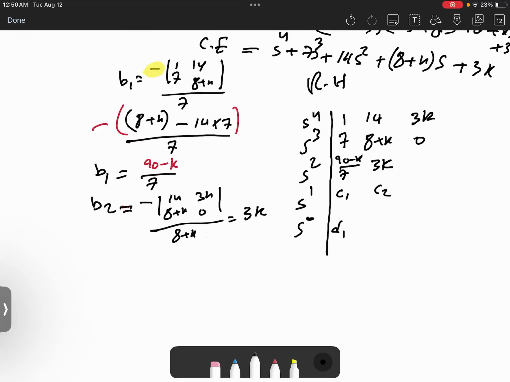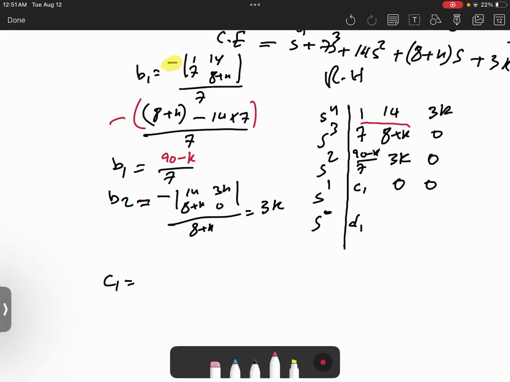How about calculating the other ones, which are C1, C2, and D1. In order to calculate C2, basically, those are zeros. Therefore, C2 will be for sure 0. The next thing is to calculate C1. It will be the determinant of the above, minus the determinant of this.